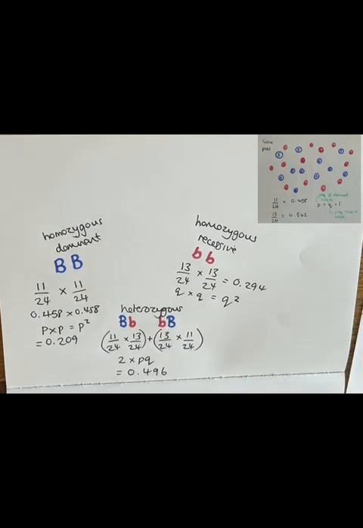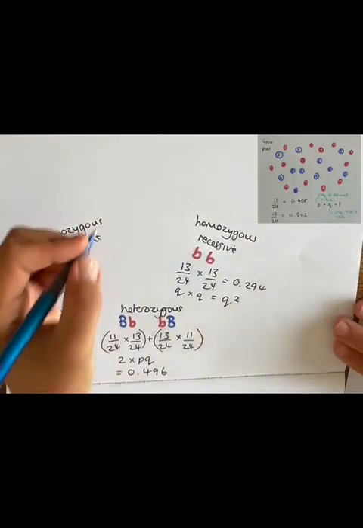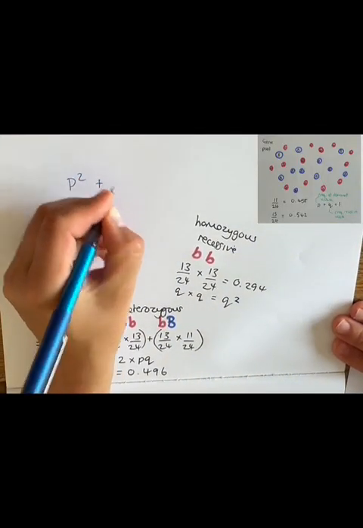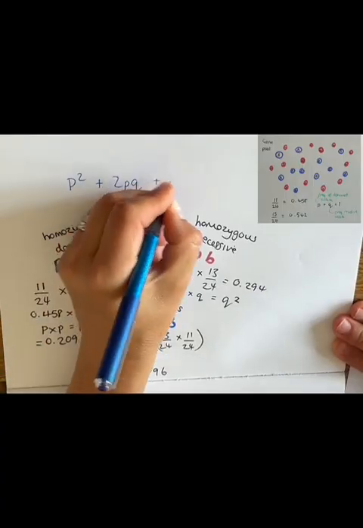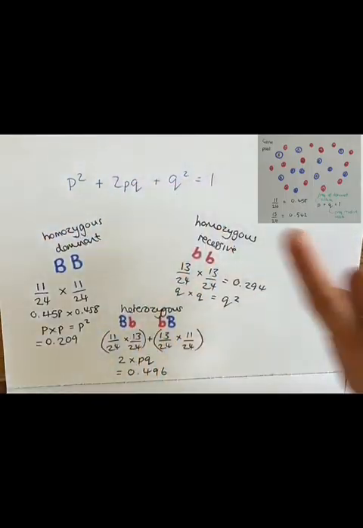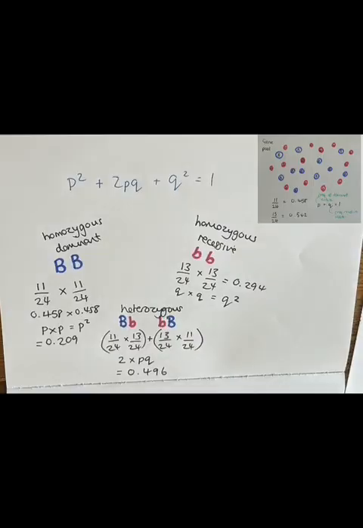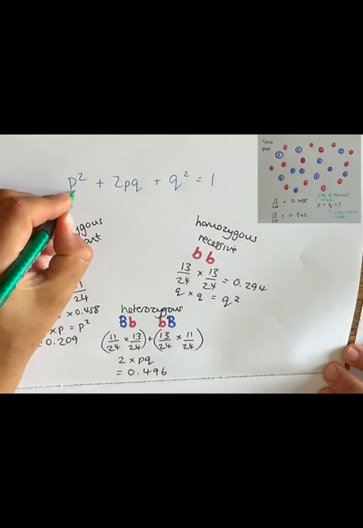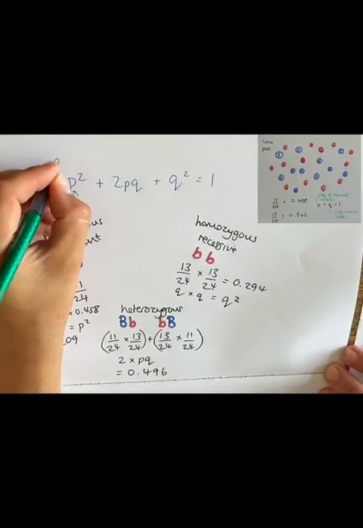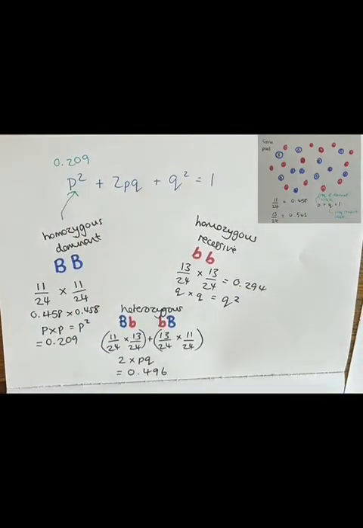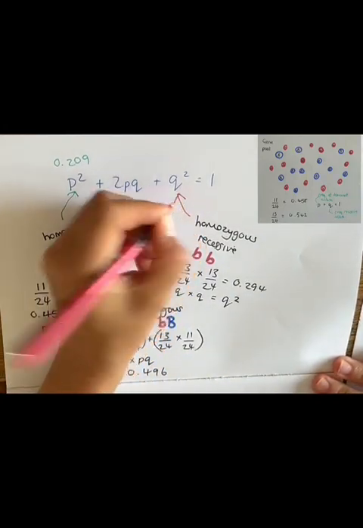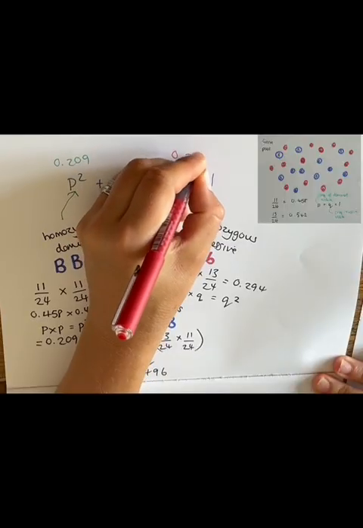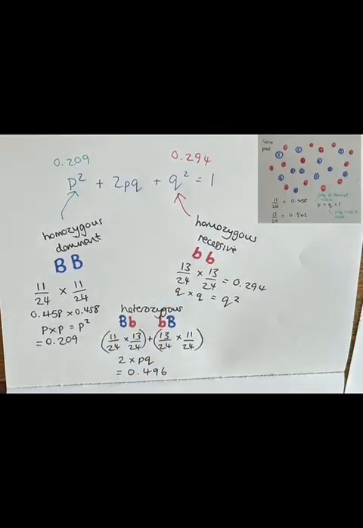That may seem like a lot of maths, but now we can see where the other equation comes in when we're looking at Hardy-Weinberg equilibrium, because that equation is p squared plus 2pq plus q squared equals 1. So 1 being everyone in the population. p squared is the homozygous dominant individuals, and in this case, it's 0.209. q squared are the homozygous recessive individuals, and in this case, we know the probability of those is 0.294.